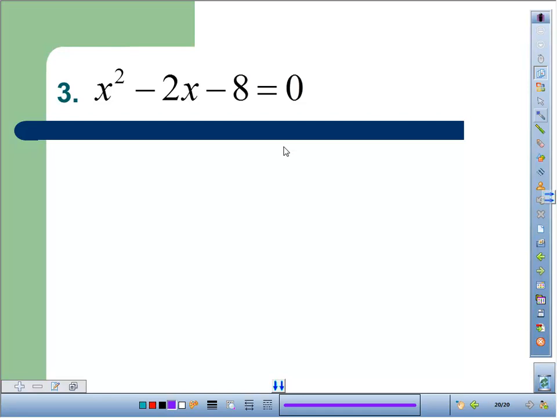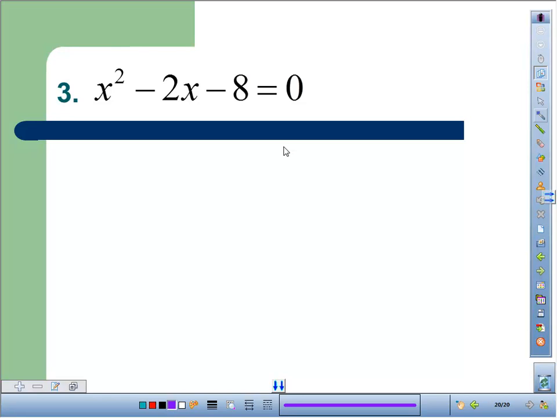Factoring is by far the easiest and fastest way to solve quadratic equations, if it can be factored.